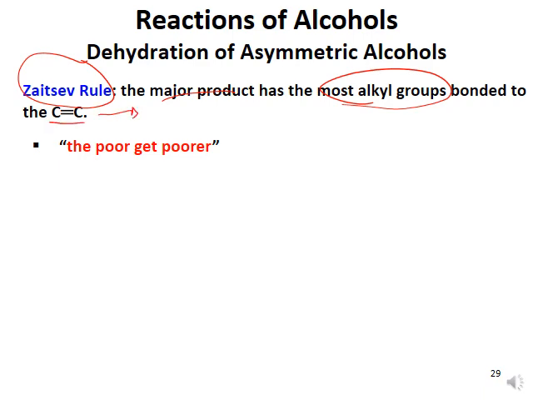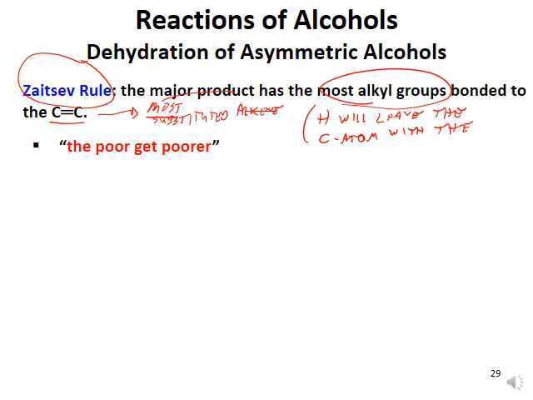In other words, the most substituted alkene, or in other words, H will leave the carbon atom with the least number of hydrogens attached.